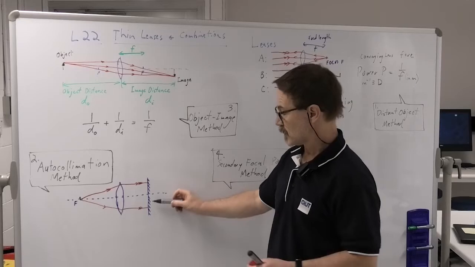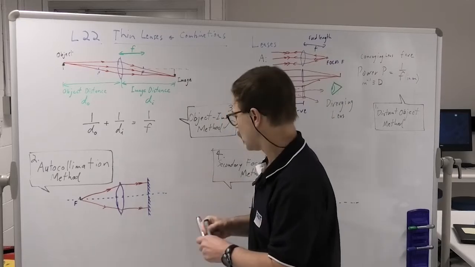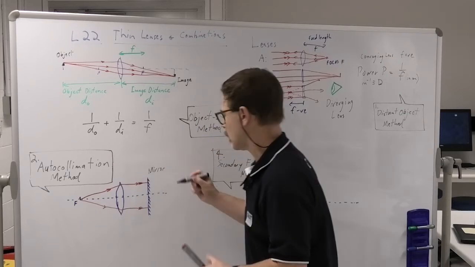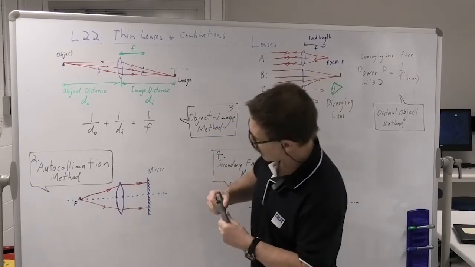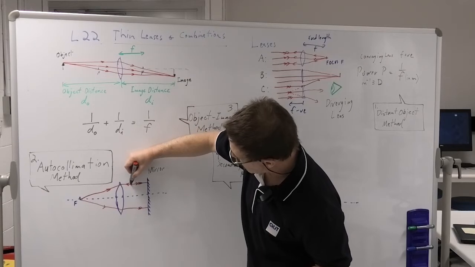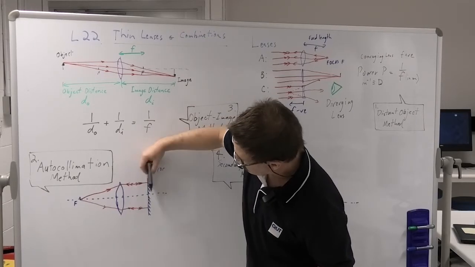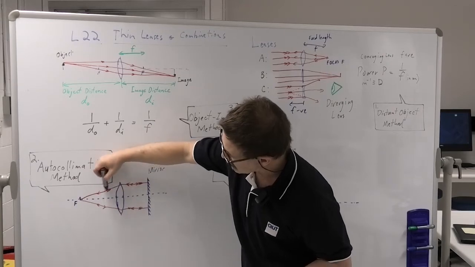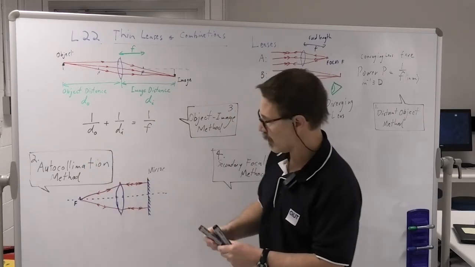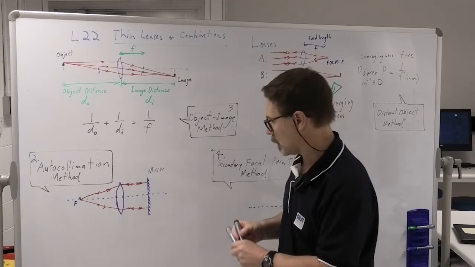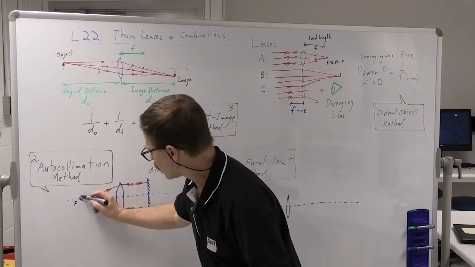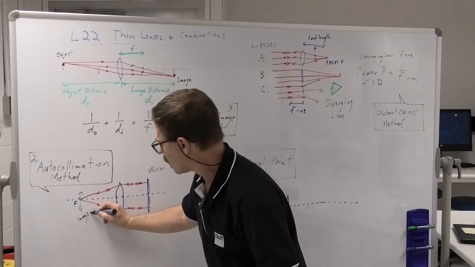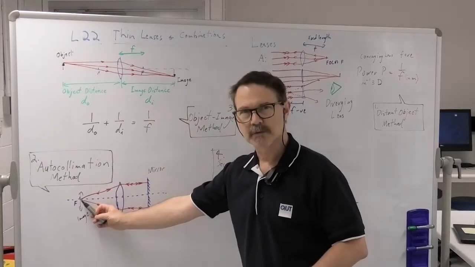Then what we're going to do is actually place a mirror, a flat mirror, and it's going to bounce those light rays back so that they enter the lens parallel, so they should backtrack along themselves and come back through the focal point and form an image right back where the object was.